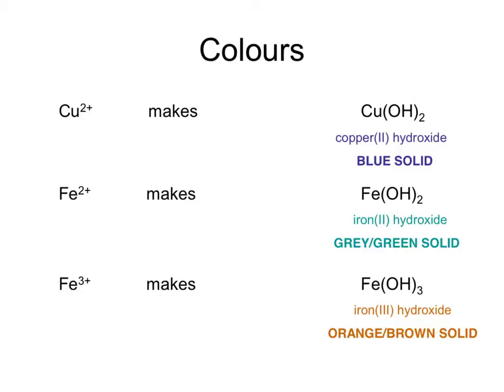Iron 2 ions or Fe2 plus ions react with soluble hydroxide ions to make an insoluble precipitate of iron 2 hydroxide, which is a green solid. And iron 3 ions or Fe3 plus ions react with sodium hydroxide or potassium hydroxide to make an insoluble precipitate of iron 3 hydroxide, which is an orange-brown solid.